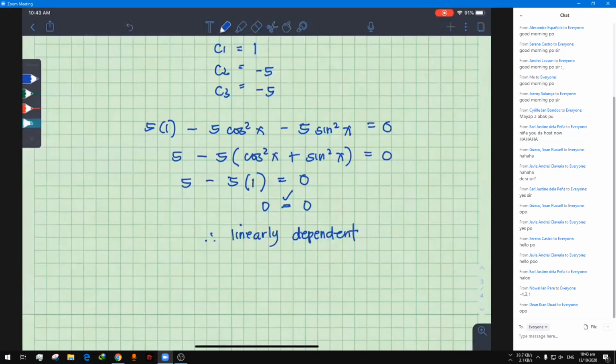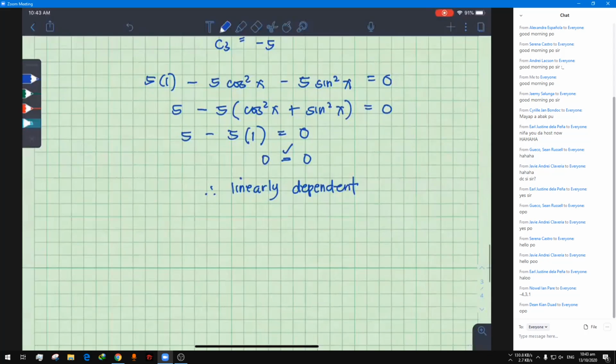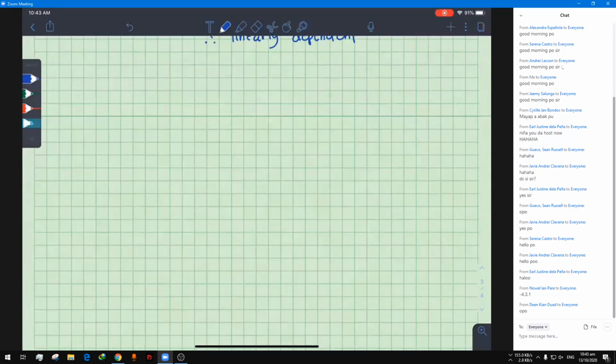So with C1, C2, C3, sometimes they don't cancel out right away, and you need to use some identities to say that they are linearly dependent or independent. Is it difficult? We have no set solution here.